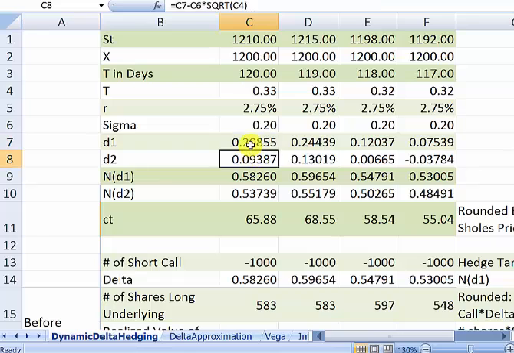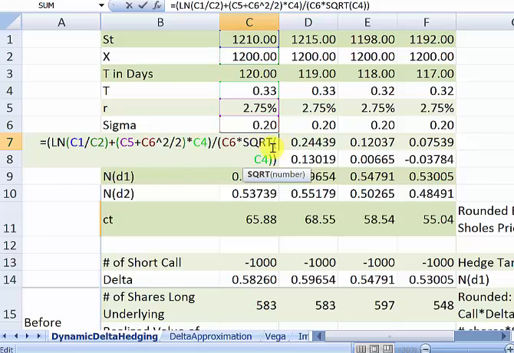D1 and D2 calculated according to the formulas here, right? And we get the new D1 and D2. Again, remember in here we actually have the time, right? Square root of C4. So C4 here is the fraction of the year, right?